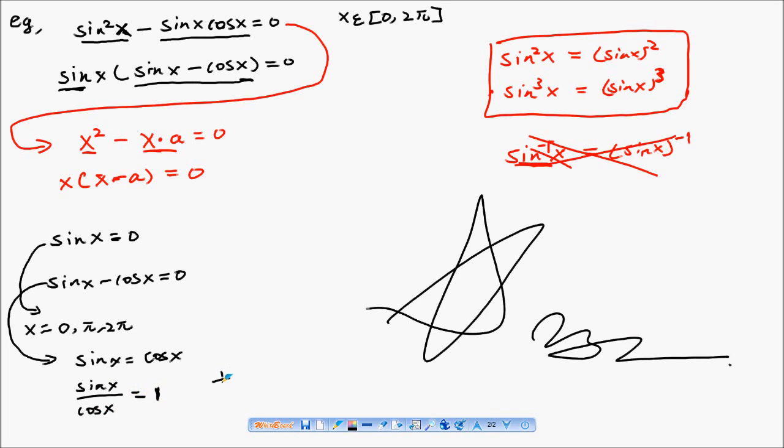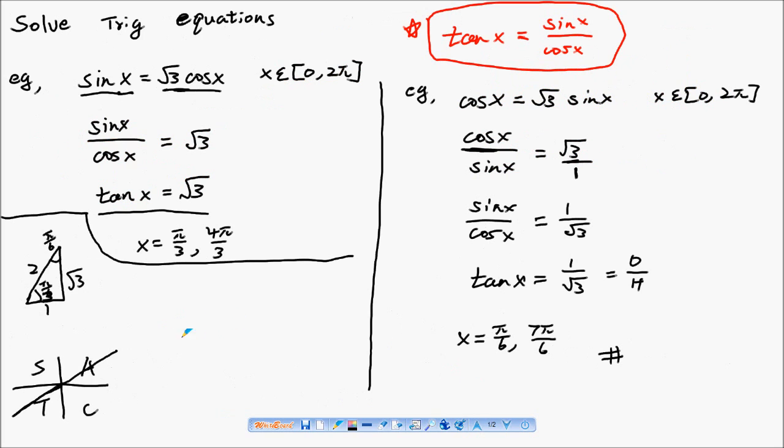Okay, and I have tan x equals to 1, and x can be basically pi on 4 and 5 pi on 4 using special triangles and unit circle, like what we did here. 1, 1, square root 2 is pi on 4 there.